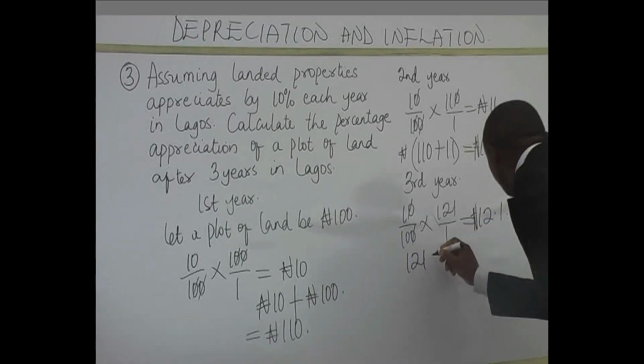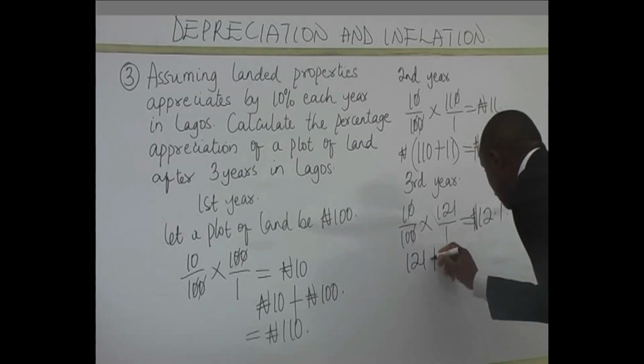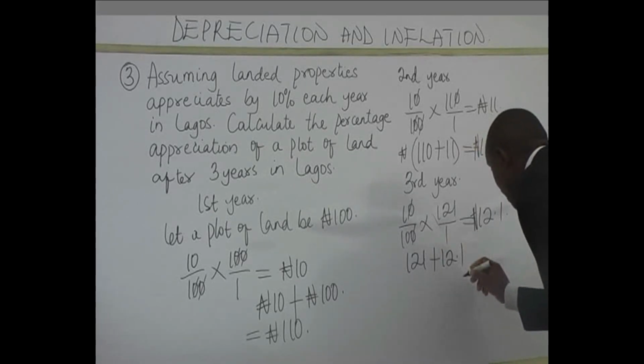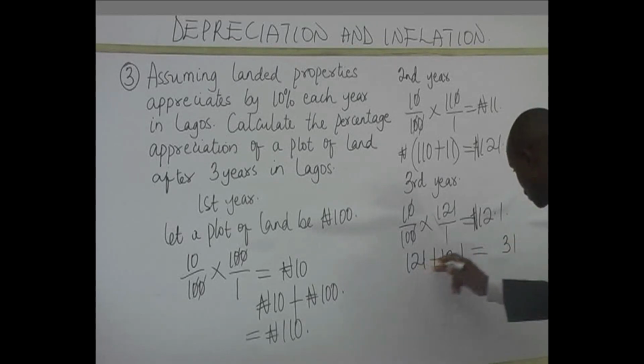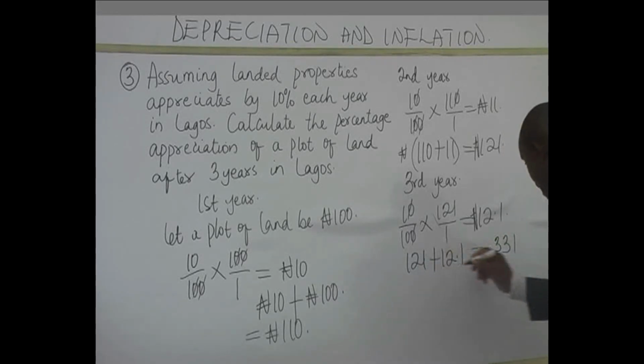121 plus 12.1. 2 plus 1 is 3. 1 plus 2 is 3. Bring down 1. So it's giving you 133.1 naira.